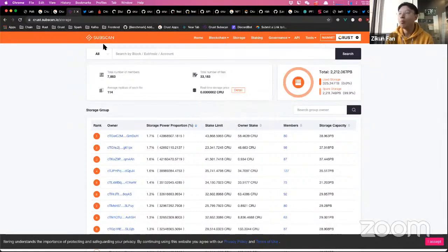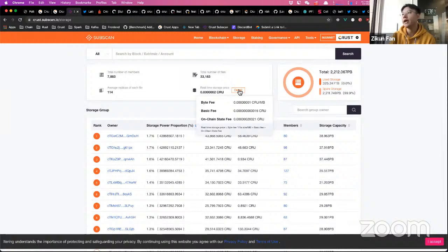Why can it be that low in the Crust network? Because we designed a protocol called the decentralized storage market protocol. It brings some profit to the miners, the IPFS nodes, but that's not the major revenue for the miners.